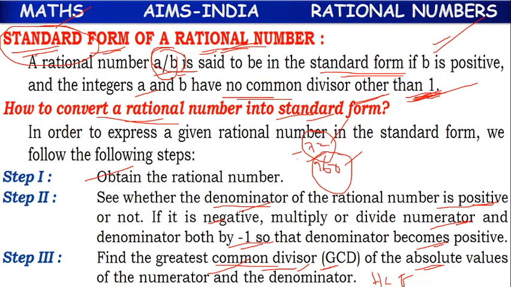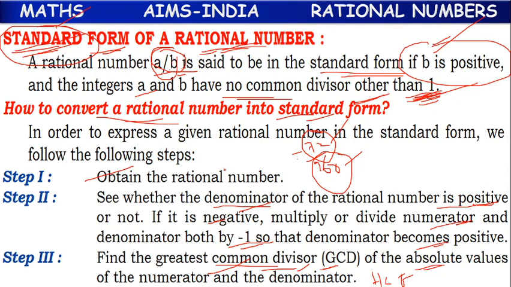Next, what is standard form? A and B should have no common divisor other than 1. Their HCF to be 1. That is one condition. Denominator to be positive. Second condition. If denominator is negative, what we have to do? We have to multiply with minus 1 or divide with minus 1, both numerator and denominator.